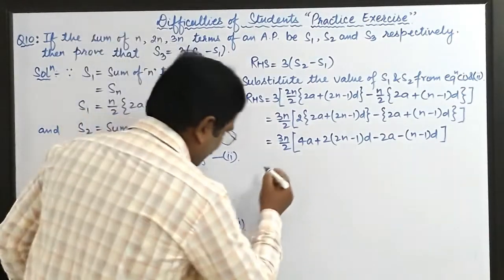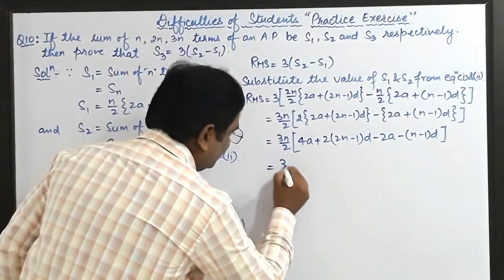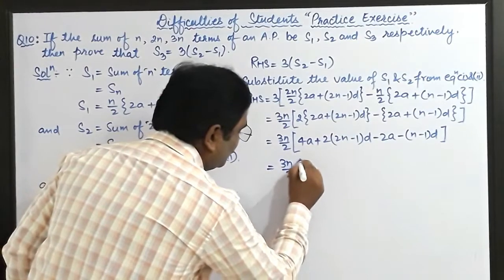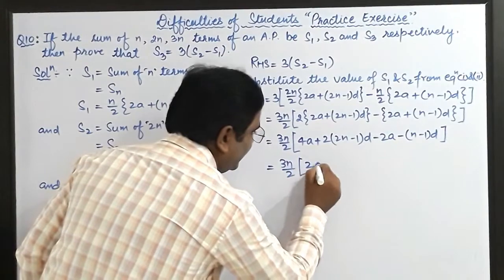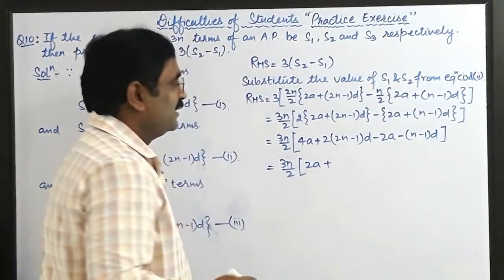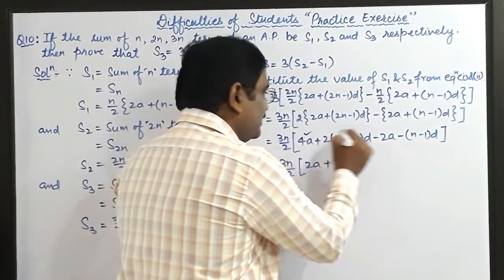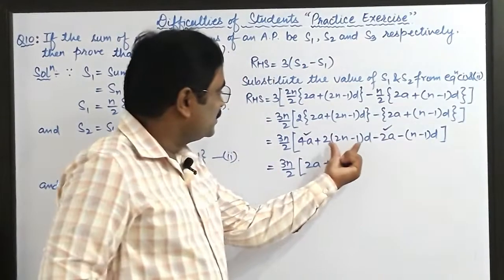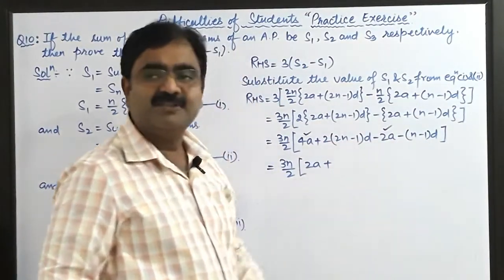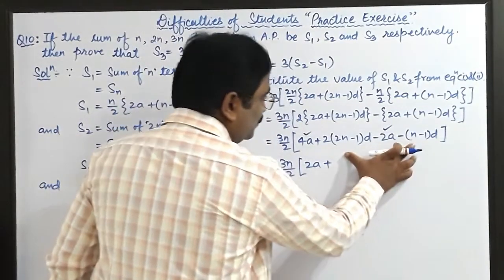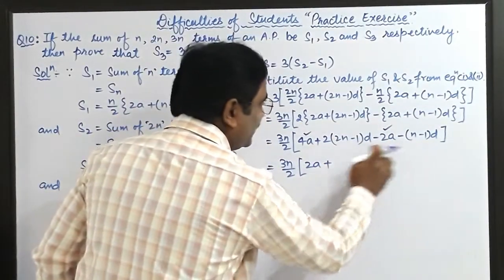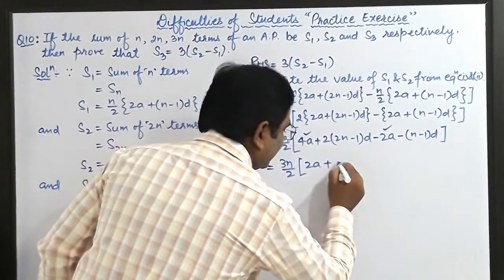Very good. So here 3n upon 2, this is 2a plus, these two terms are done. Now this term and this term are remaining. We simplify these two; d is common, so we have to take the common d.